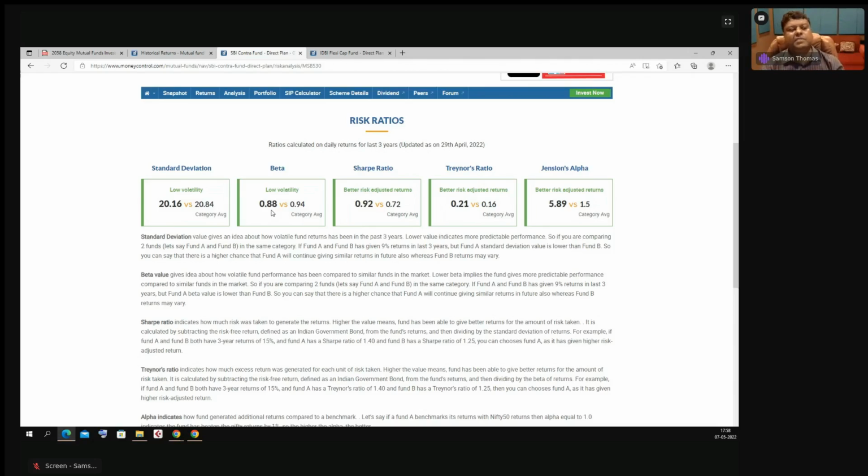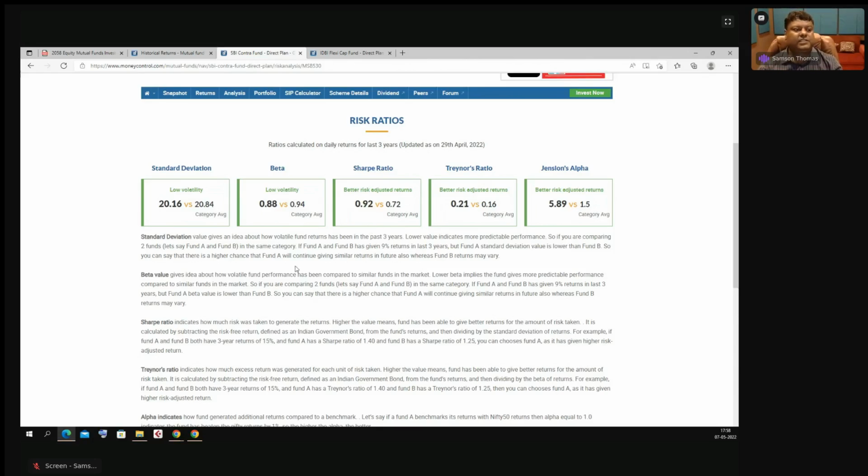Now 0.88 means the volatility is lower than the market, which is good. The category average is 0.94, close to 1, but in this fund the volatility is lower than the category. That means it is giving higher returns with lower volatility, right? So that is good. Then you have Sharpe ratio.